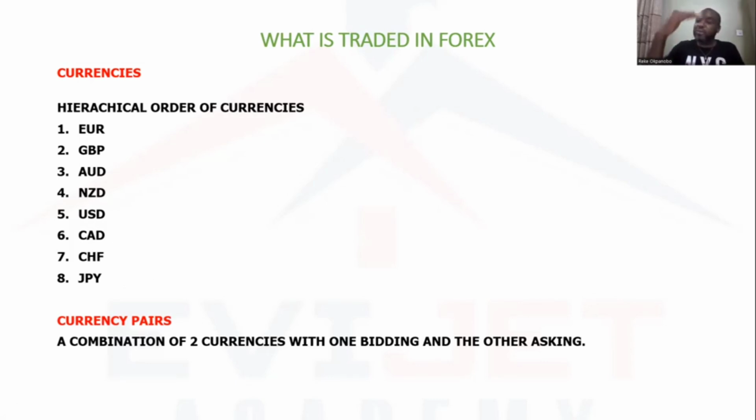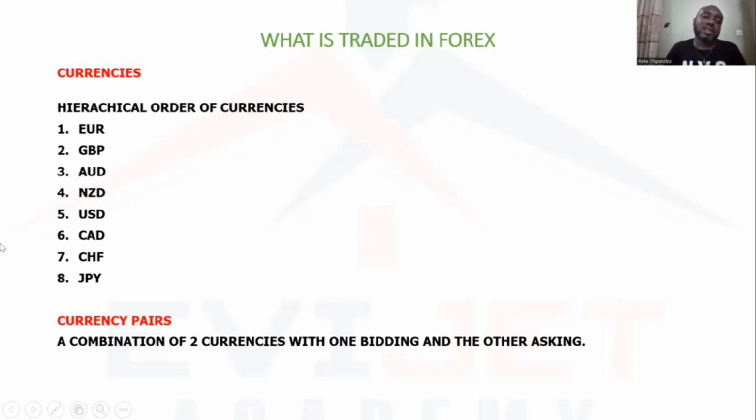Placement in category, placement in order of priority. Who is on top? So this is the hierarchy. The euro is first on the list, and the euro represents a universal-based currency. Okay, why is it called a universal-based currency?